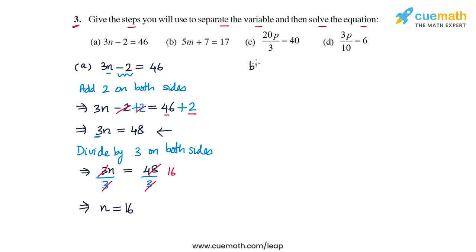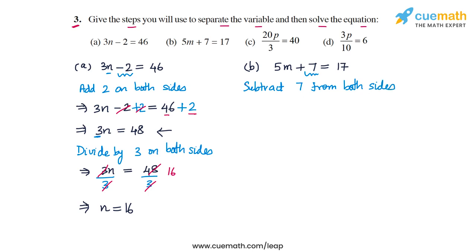Now let's do part B. In part B, the equation is 5m plus 7 equal to 17. So first we will get rid of this plus 7 by subtracting 7 from both sides. So the first step is that we will subtract 7 from both sides.